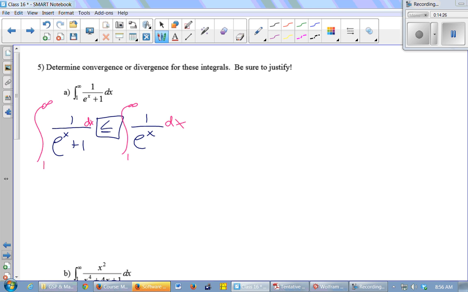dx, I know that this guy, the integral from 1 to infinity of e to the x dx, is finite, right? It's strictly less than infinity, some finite thing. So if you know that this integral is smaller than something finite, you know it also converges.